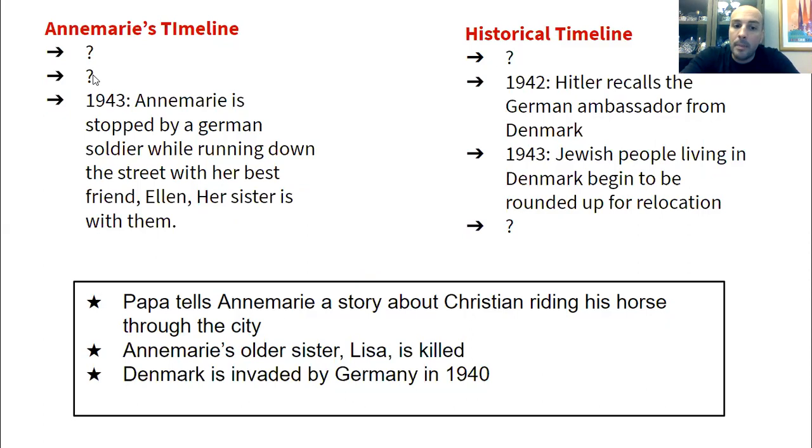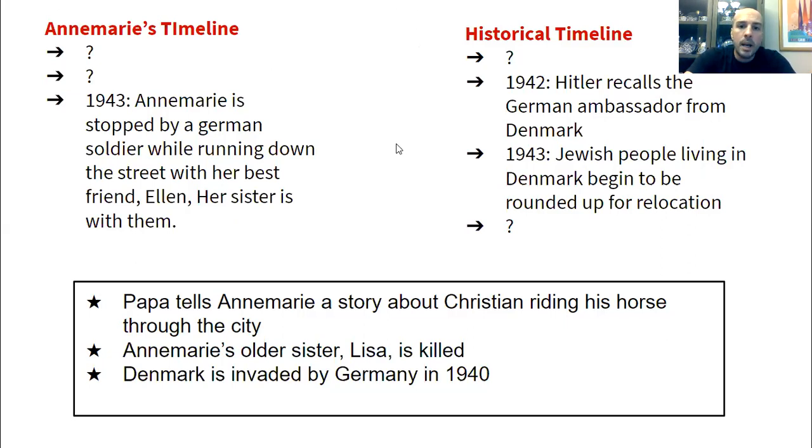Then it would be that Papa tells Anne Marie a story about King Christian riding his horse through the city. Then we would jump to 1943. So again, while you are reading, you have to be aware of time jumps, and you have to be reading very, very carefully so that you can piece pieces of information together for an overall understanding of the story.